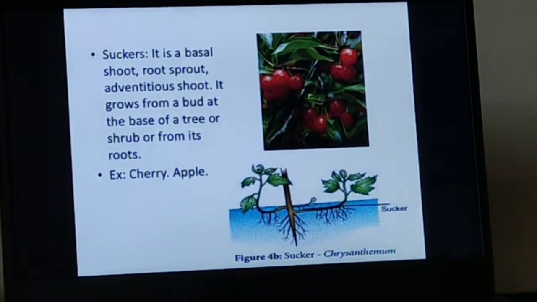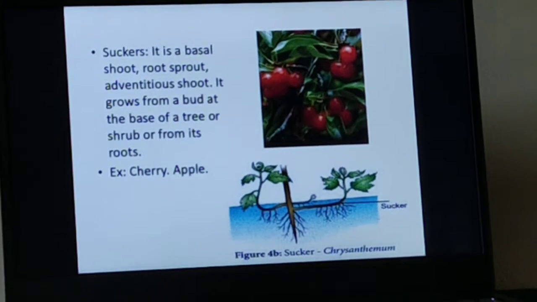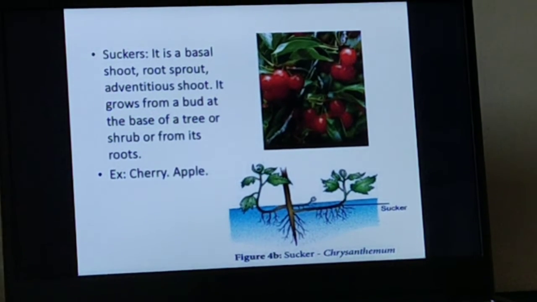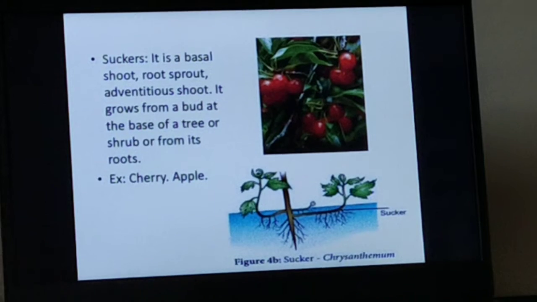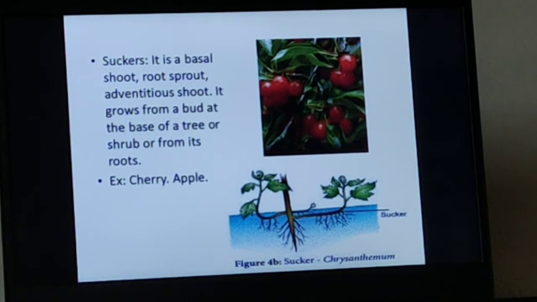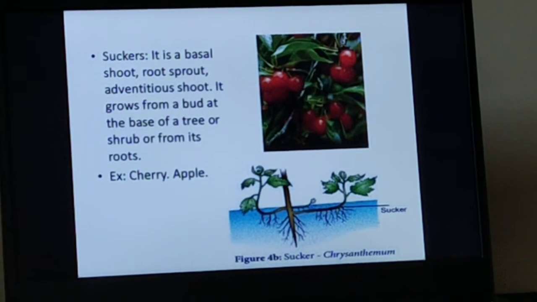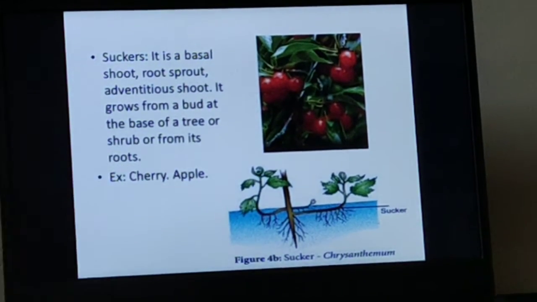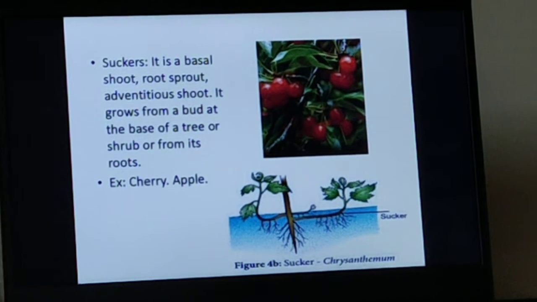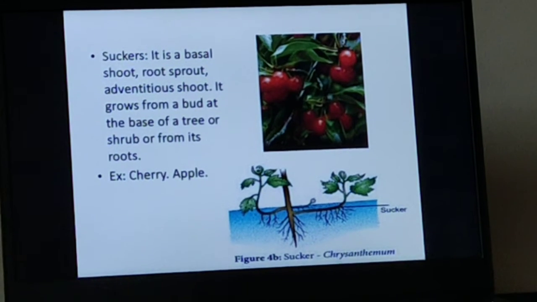Such suckers are present in some plants and run horizontally to the ground level but below it, not above as we studied in runners. Suckers are seen in plants such as cherry and apple. They are found at the base of the shrub, the tree, the herbs, or the shoot system.